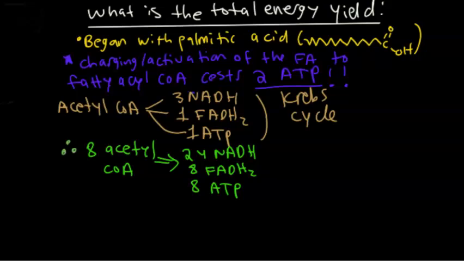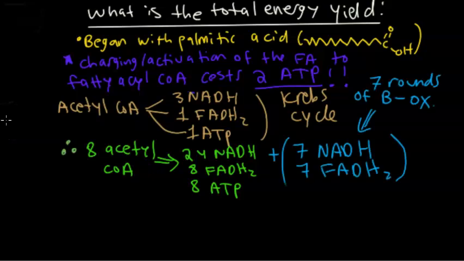Since we make 8 acetyl-CoA, the total NADH that will be formed is 3 times 8, which is equal to 24. The total FADH2 is 8 times 1, which equals 8. And the total ATP is 8 times 1, which equals 8.